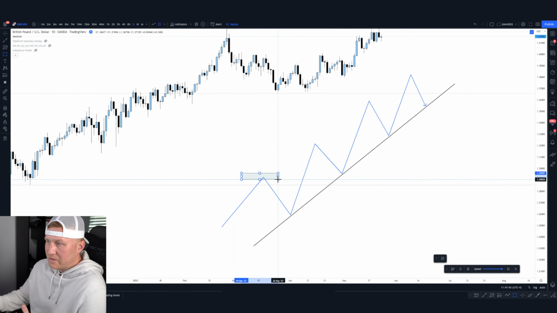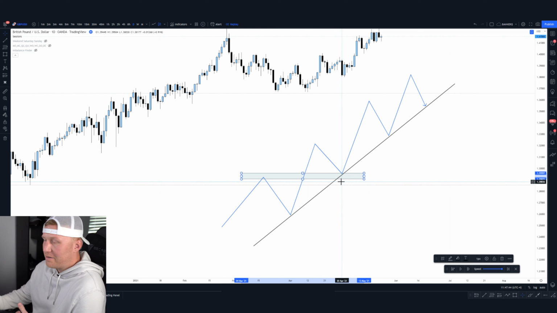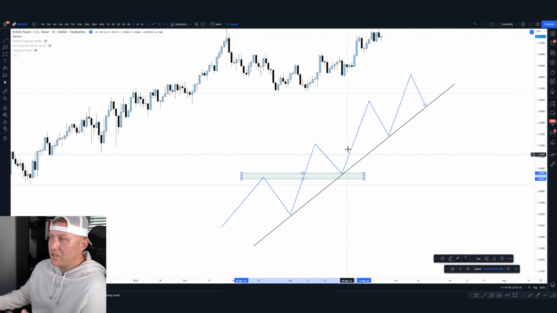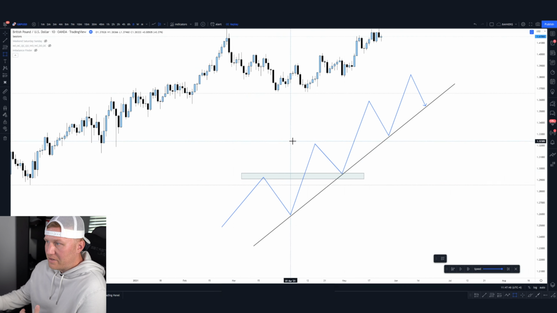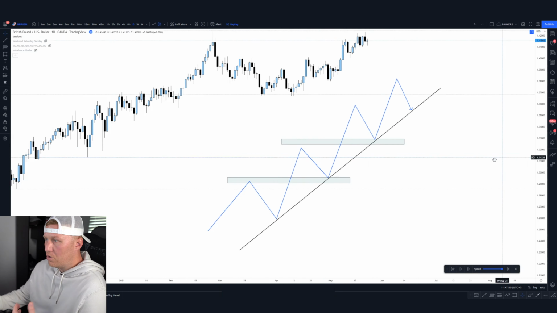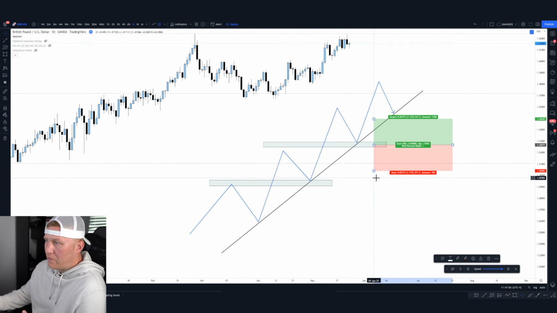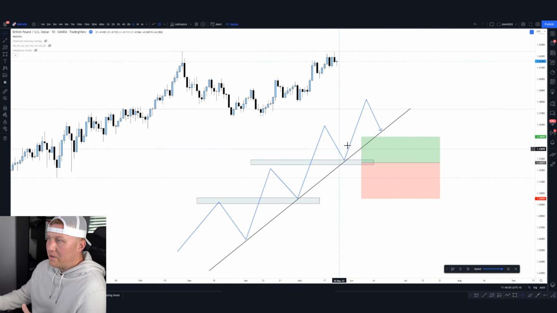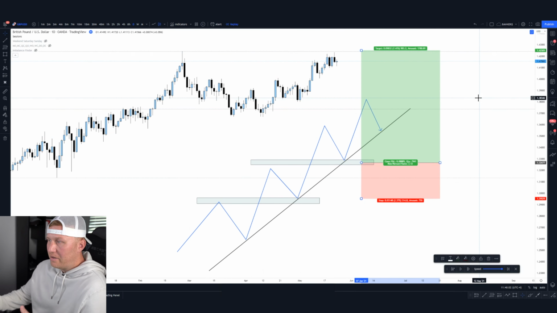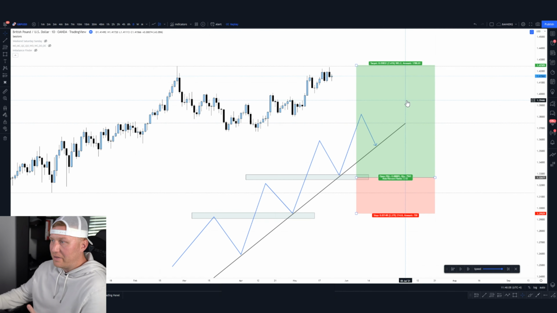Here is resistance, an old high, price breaks through, it comes back, now it's acting like support and then continuing up. And that is something that you're looking for it to repeat, and that's how you're getting your entries. So you're looking for a buy here on the trend line, on this new support, stop loss might go down here, and then you're looking to target whatever it might be, the next significant level.